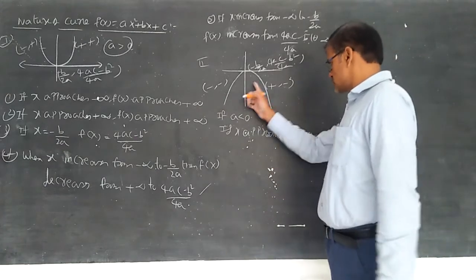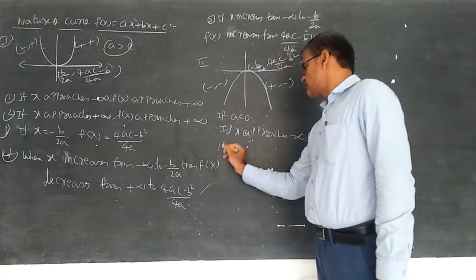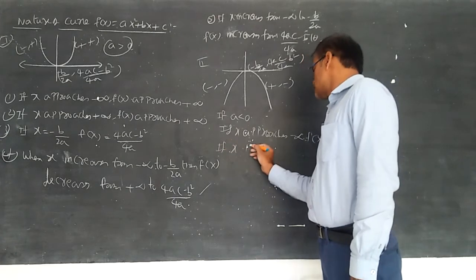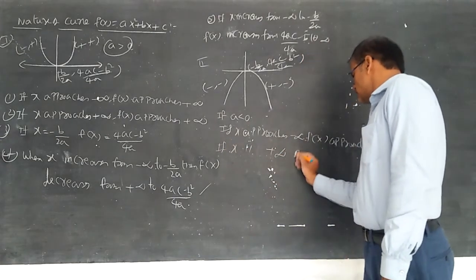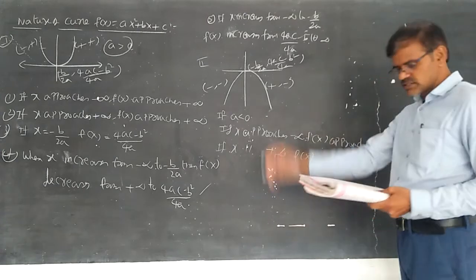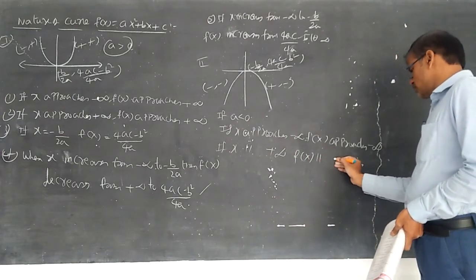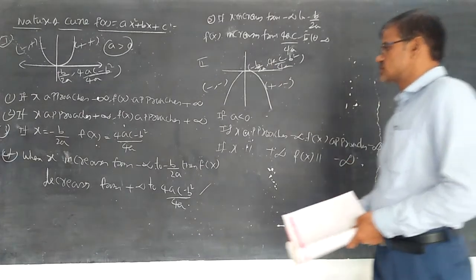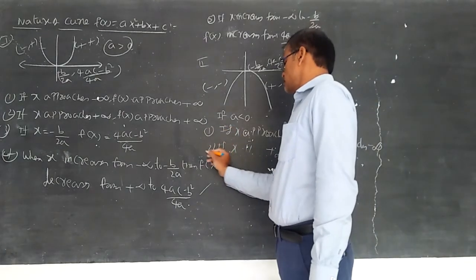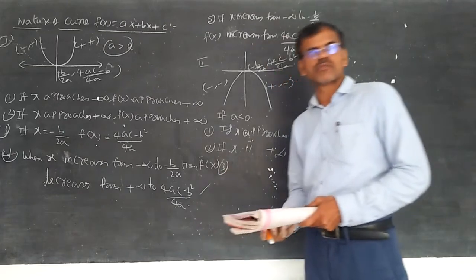Next one depends upon this one. If x approaches plus infinity, then f of x approaches minus infinity. That's all, because plus minus concept and minus concept. F of x approaches minus infinity. This is the first point, this is the second point, this is the third point.